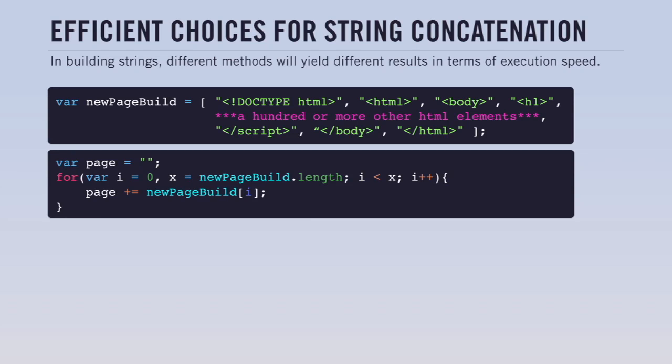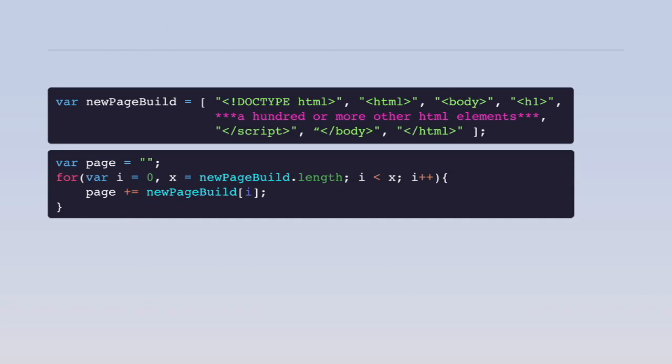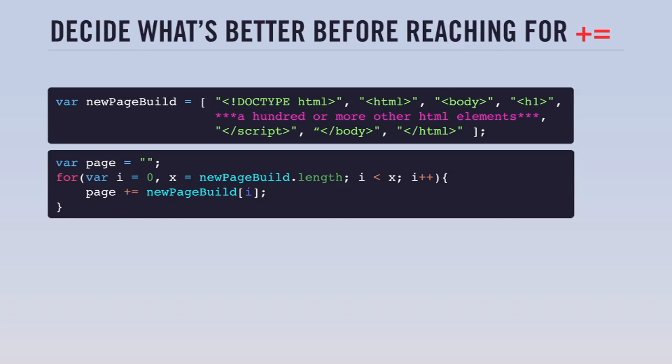And then we loop over all of those array elements, concatenating. And that's going to get the job done, but there is another method that will enjoy a performance boost, specifically when your strings are inside of an array. Always want to decide what's better before reaching specifically for that concatenation operator.